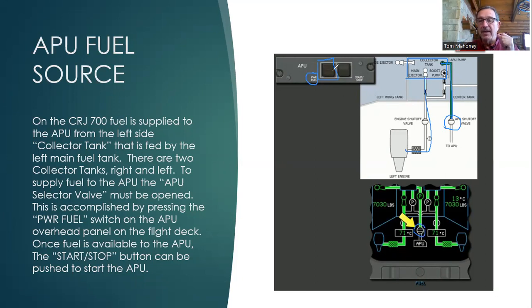Again, when we push this button, we could go to the status page and we'd see this valve open up and we'd see the green line coming down this way, providing fuel to the APU. So we have this schematic in the aircraft. We can look at it on the status pages to make sure that it's all functioning properly. The power fuel button opens that valve and a few other things occur, but without getting this valve open, the APU is not going to start.